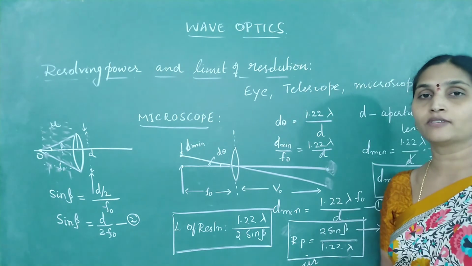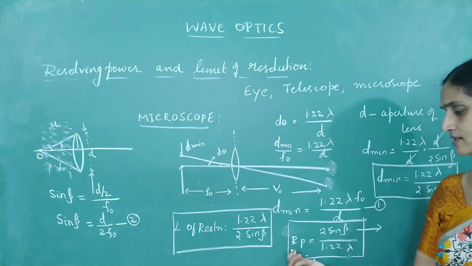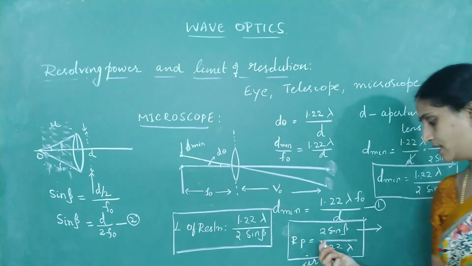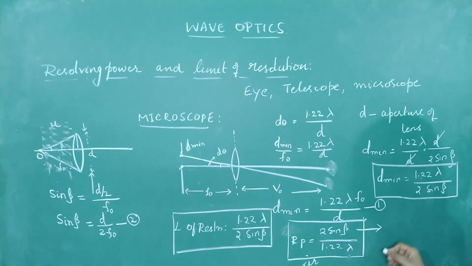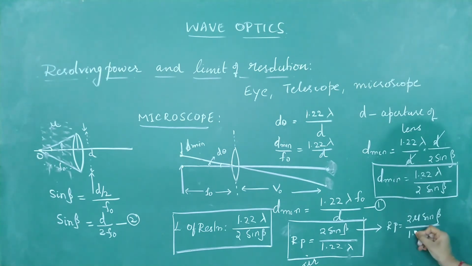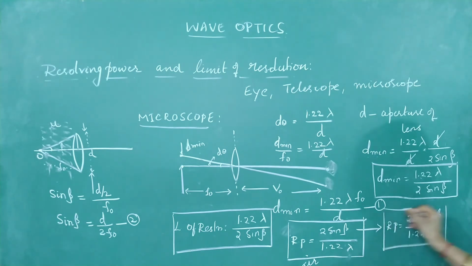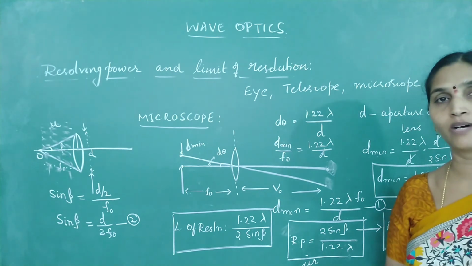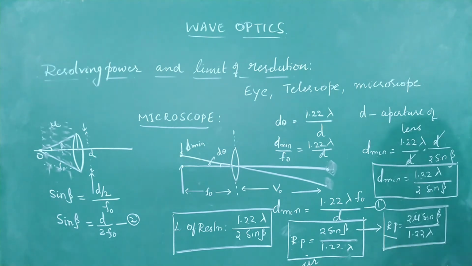But if you fill it with a liquid, wavelength will decrease, resolving power will increase. Then resolving power is equal to 2 mu sin beta by 1.22 lambda. You can remember this relation. If the medium is air, you can put mu equal to 1. So remember the formula. For a microscope, it is 2 mu sin beta by 1.22 lambda.